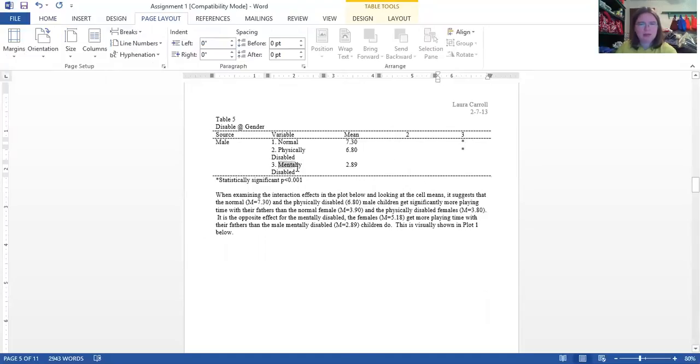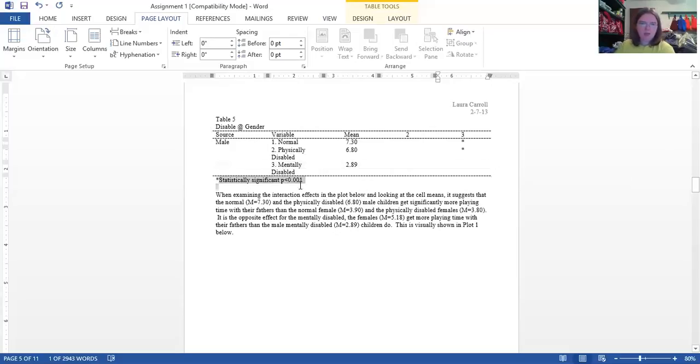It means that the mentally disabled, because that's number 3, is different than the normal and physically disabled. So this 3 indicates mentally disabled. This 2 up here indicates physically disabled. That's why we number these 1, 2, 3, so that we can have 2 and 3, which match the 2 bottom ones. But this means that the ones in this row, normal and physically disabled, are significantly different than the top one, which is mentally disabled.